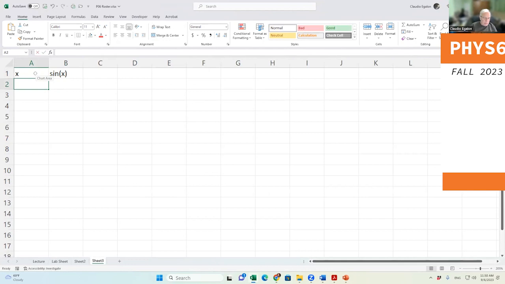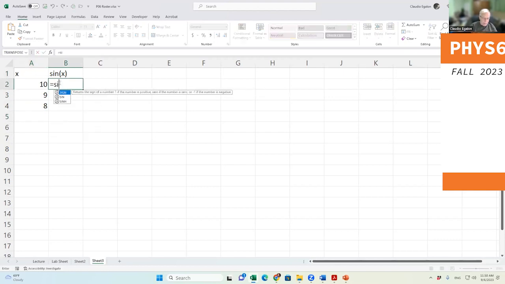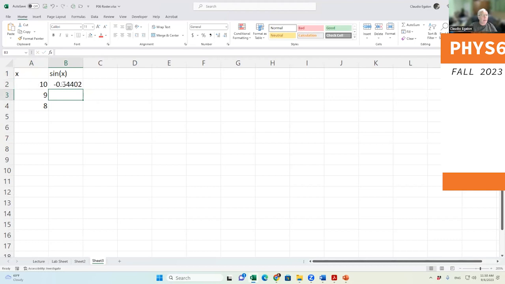I'm going to start doing the following: 10, 9, 8, and then write down sine of 10, sine of 9, sine of 8, 7.